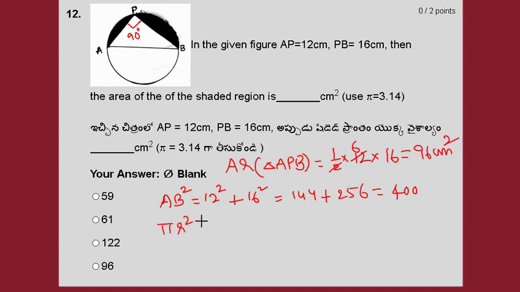Area of the circle is pi r square. This can be written as pi d square by 4. So the area of the semicircle will be pi d square by 8. That is equal to 3.14 times d square, that means AB square here, because AB is the diameter. That is 400 divided by 8.